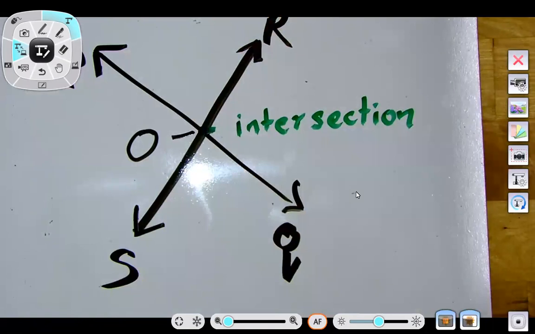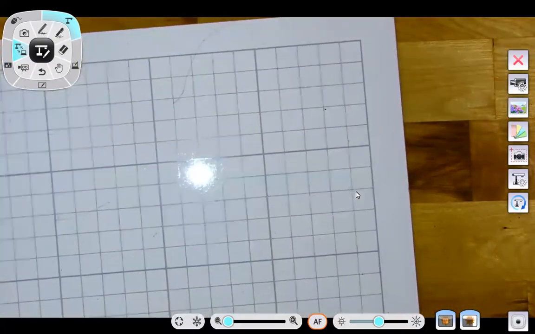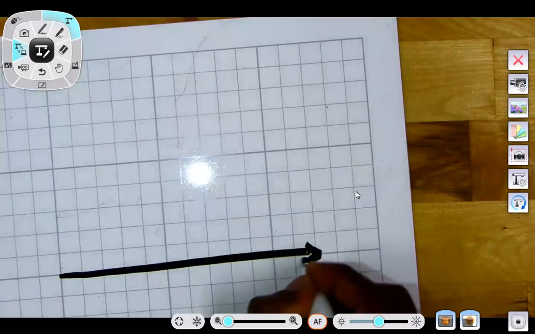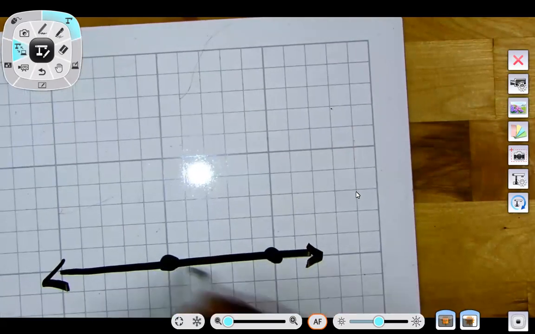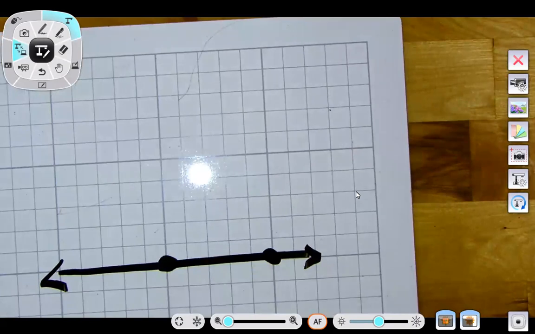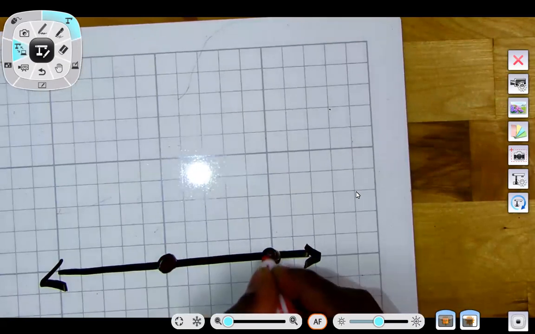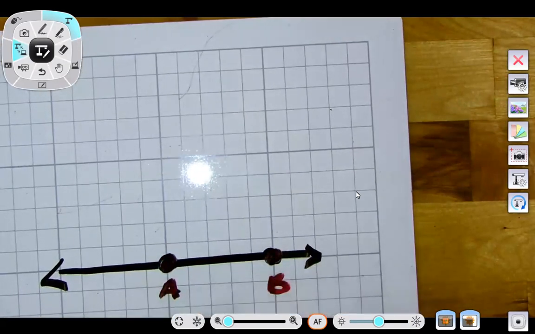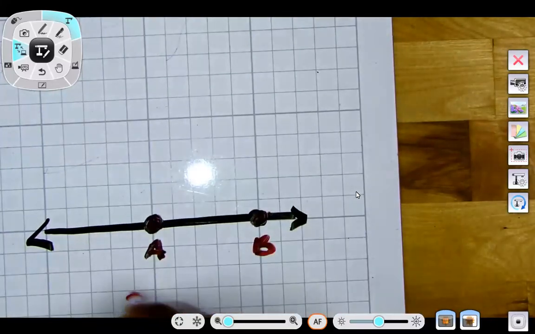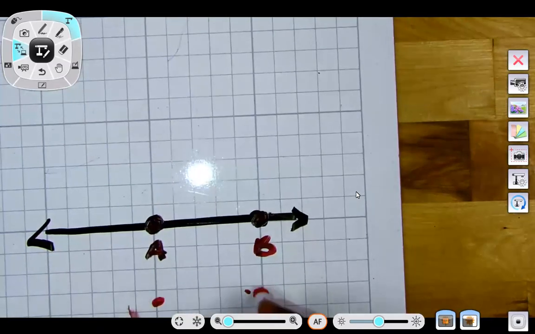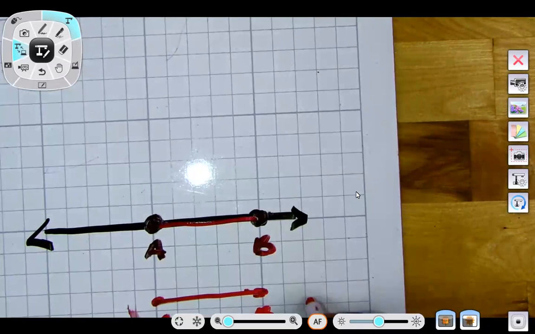And another thing, if you have a straight line with two points, I just put two points over here, A and B. There's a line AB, and you can also say there's a line segment between points A and B. This is a line segment in the line.